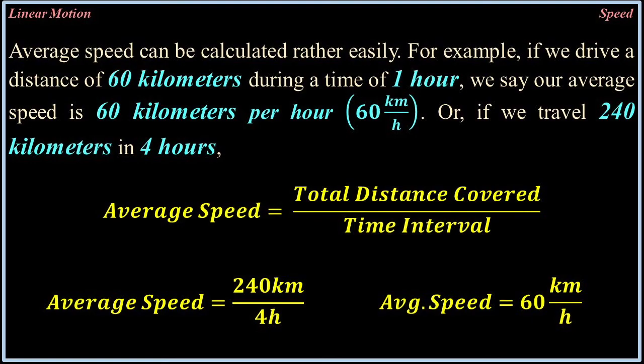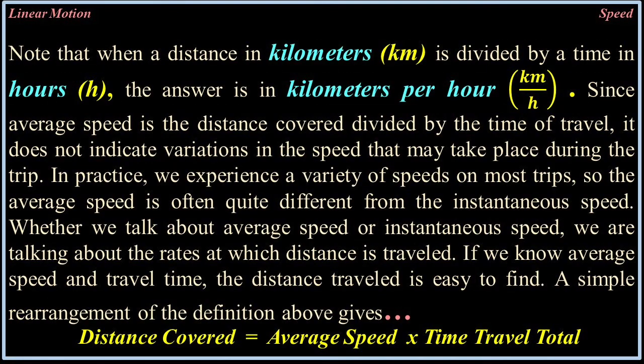Or if we travel 240 kilometers in 4 hours, average speed equals total distance covered divided by time interval. Average speed, 240 kilometers in 4 hours. Average speed is 60 kilometers per hour. 240 divided by 4 is 60.